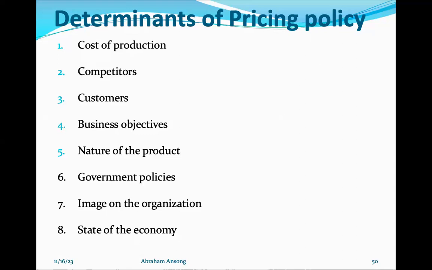All right. And the business objectives as well. Is it just about making money that will influence your price? Is it really about solving problems in society? And you are very, very concerned about that problem, that could influence your pricing policy as well. The nature of the product. I just gave you the example of books. All right.